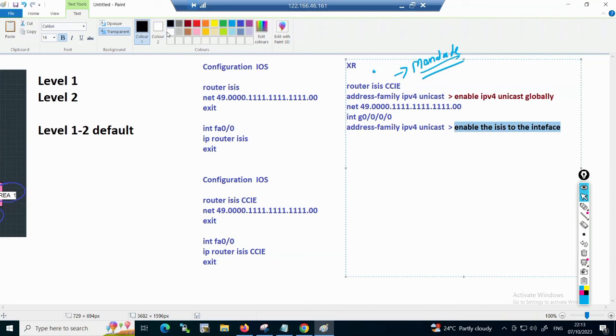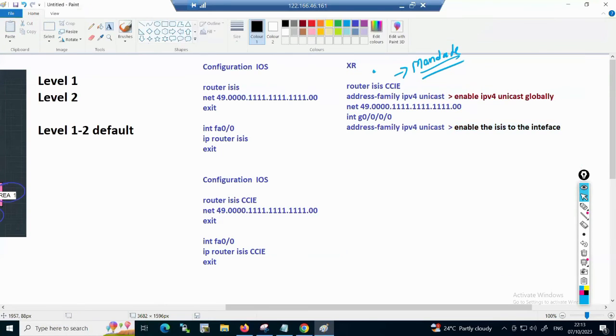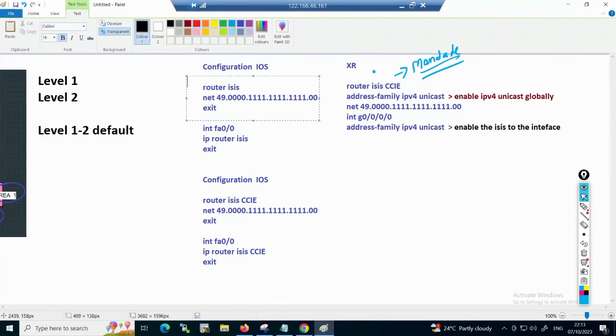So little difference here. I'm not enabling the IPv4 unicast. The reason is that IPv4 unicast is by default enabled. But in the XR, by default, the address families are disabled. That's why first you need to enable the address family in the global configuration. For all the global commands, for example, hello time, hold time, LSP times, maximum paths, all those things.